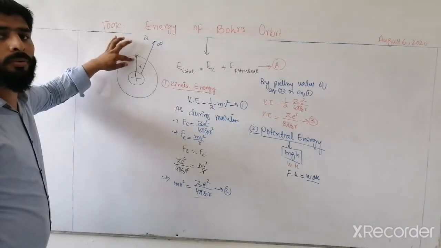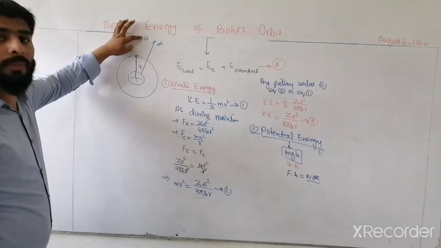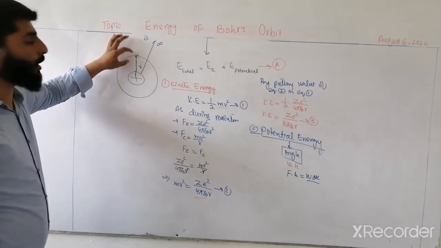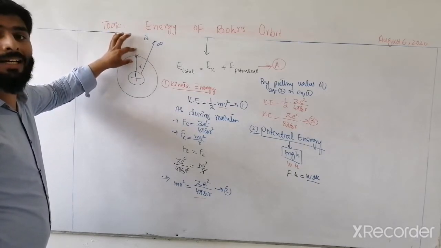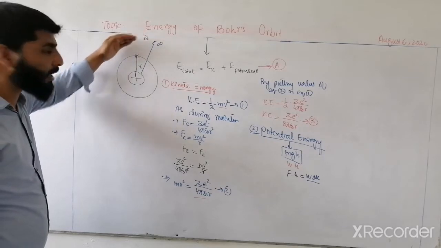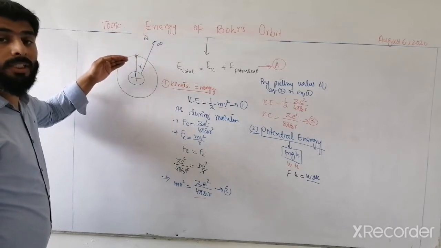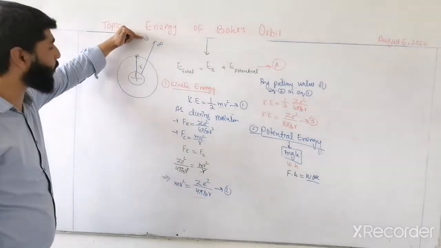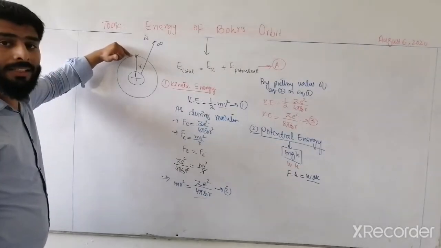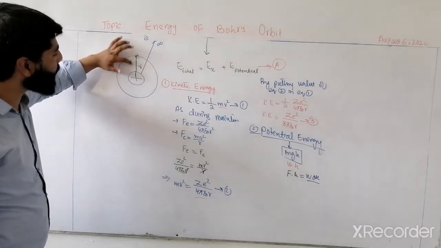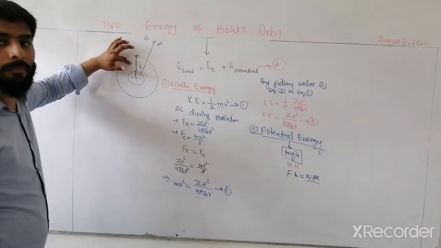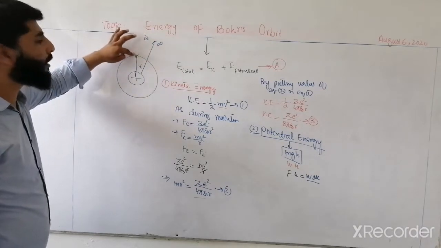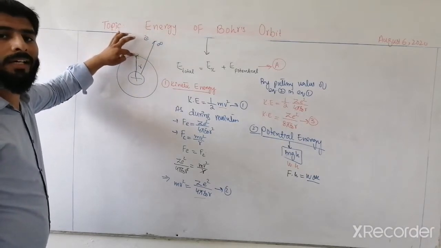It means we have to bring the electron from infinite distance to the focus of nucleus in the orbit of radius r. So potential energy is basically work done in bringing this negative charge, this electron, to a distance which is the radius of this orbit, means bringing the electron from infinite distance to the orbit of the atom.